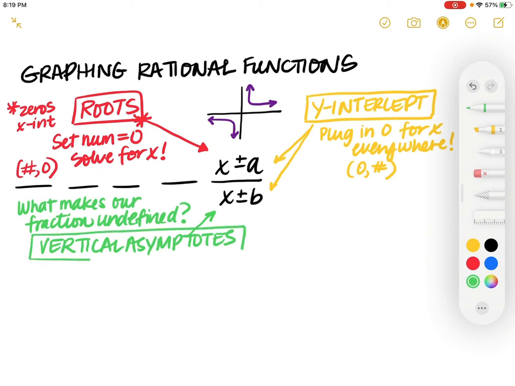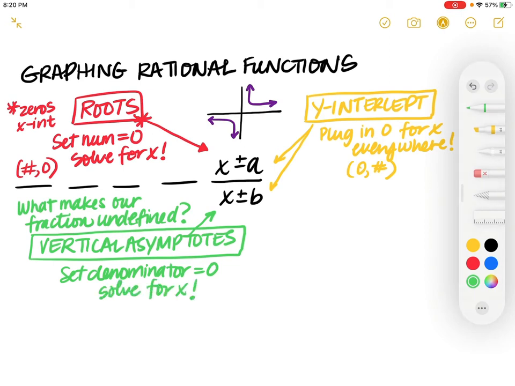So just like we did with the roots, we are going to set the denominator equal to 0. This is usually going to involve some factoring, but ultimately we are solving for x. Now we're finding equations of lines. So our result is going to look like x equals a number, because that is the equation of a vertical line.